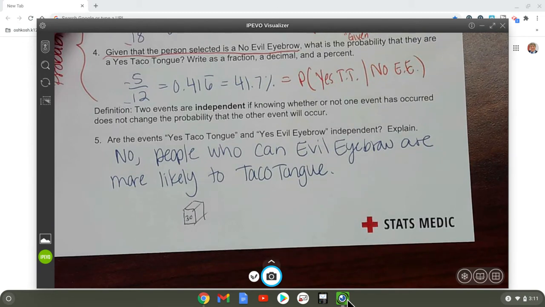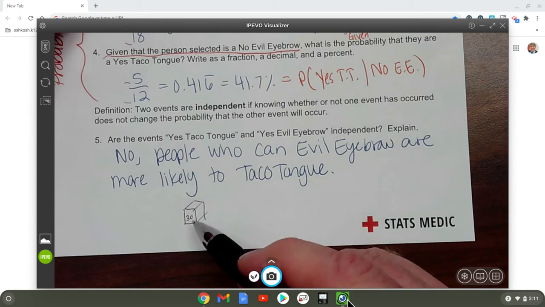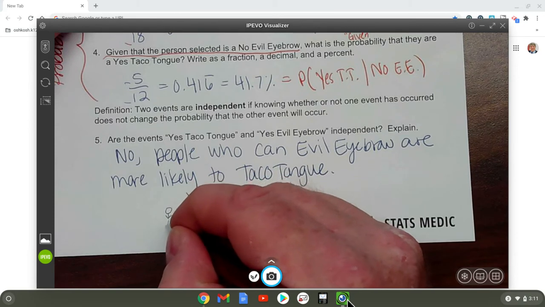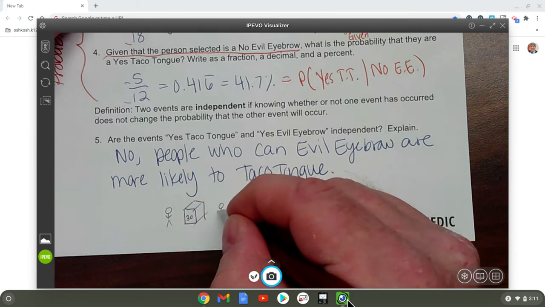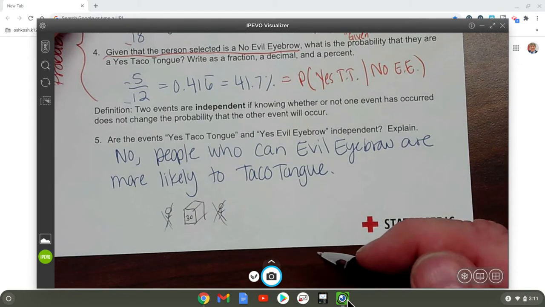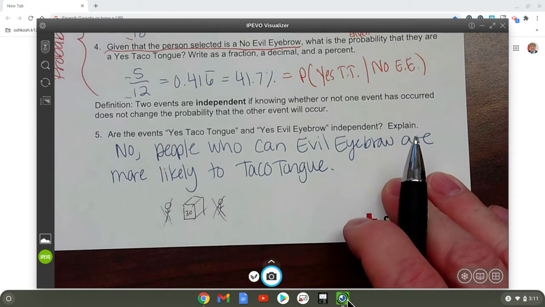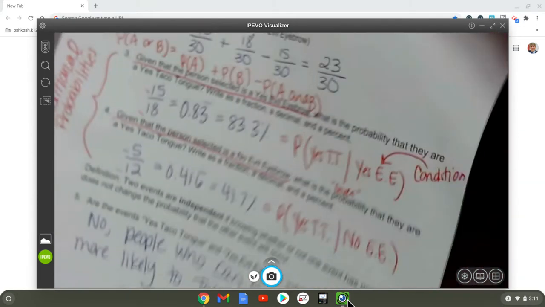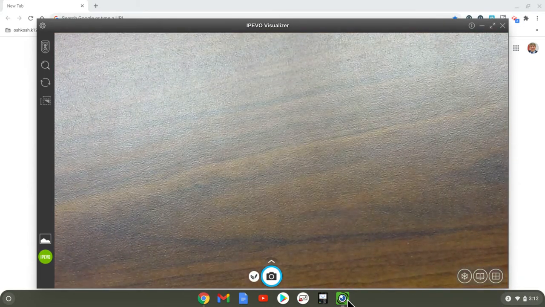Well, now that does change things. Instead of 1 out of 30, you would now be 1 out of 28, because you know this person doesn't have it, and you know that this person doesn't have it. So you now have a 1 out of 28 chance of having the $1 million. Hopefully that makes sense for you. Let's continue with our notes from our good friends at StatsMedic.